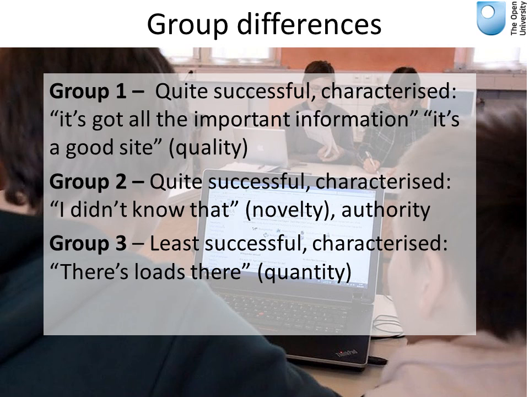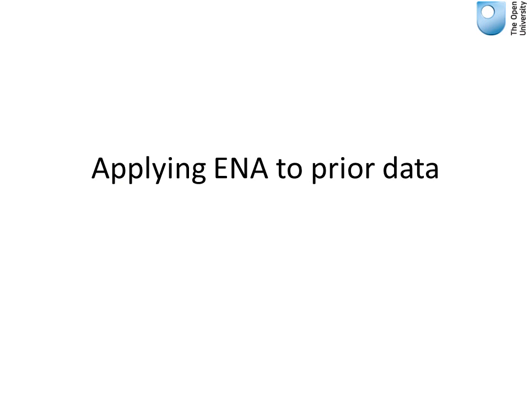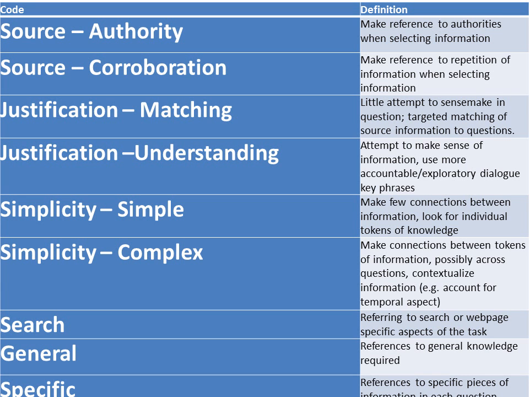So the groups were very different in their activity. The first group was quite successful, characterized by saying things like, it's got all the important information, it's a good site. They were interested in quality both of information and of sources. The second group actually answered more questions, although fewer of them were correct, and they were characterized by statements about novelty.